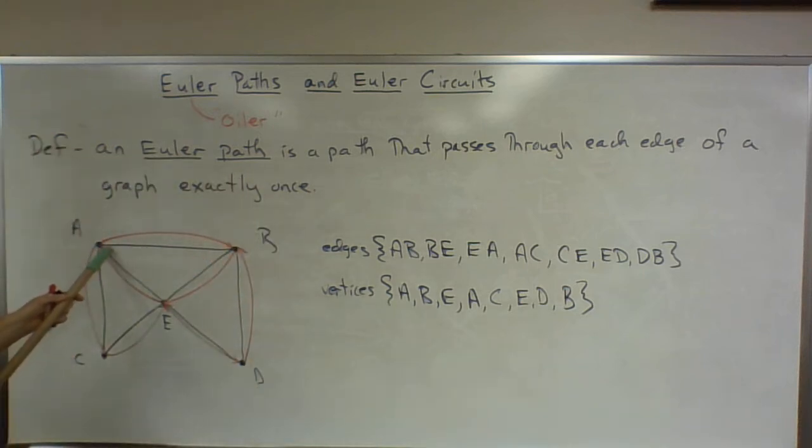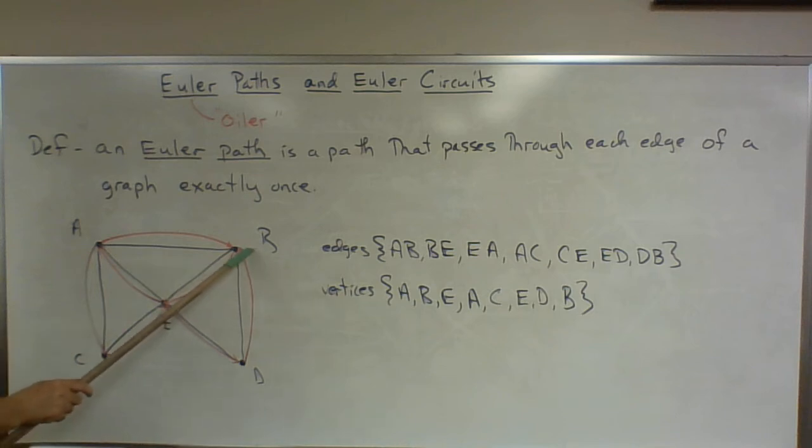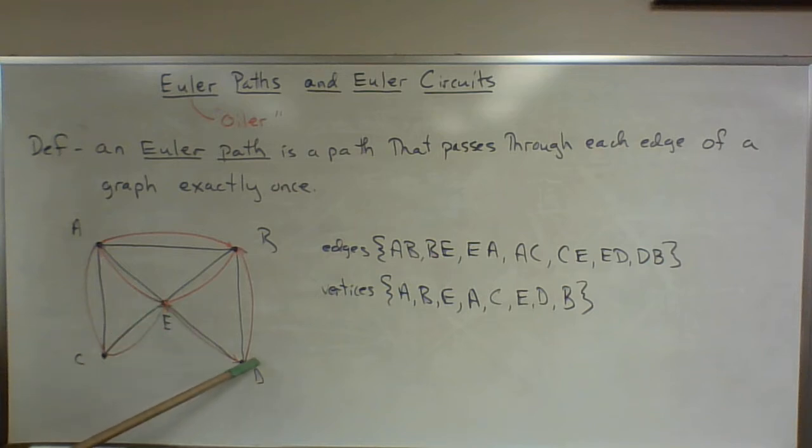We started at vertex A and went to B, and then we went to E, and then we went back to A, and then we went to C, and then we went to E, and then we went to D, and then we wound up at B. Perfect.